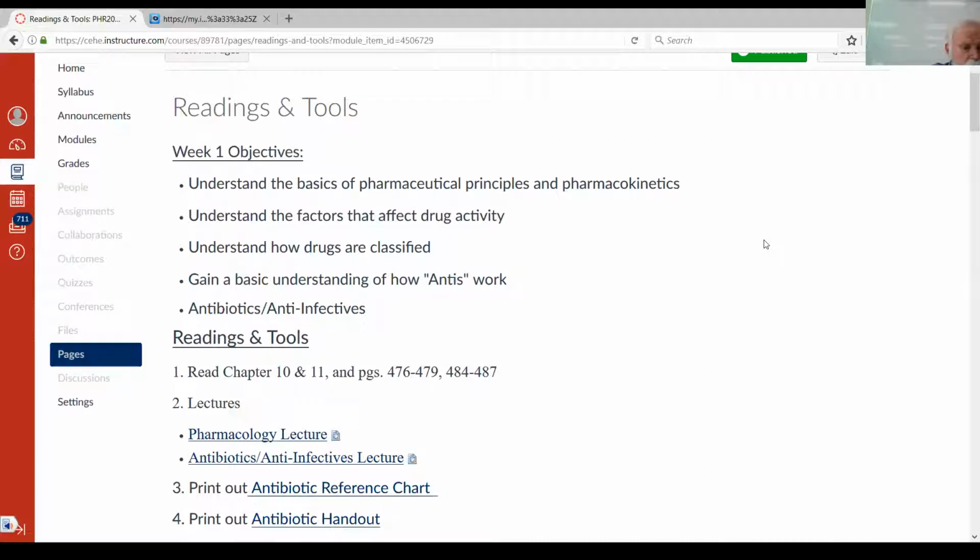Readings, chapters 10 and 11. Chapter 10 is called Basic Biopharmaceutics. Chapter 11 is factors that affect drug activity. Those will be the chapters. Read those.